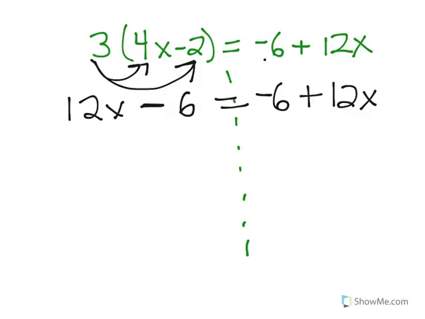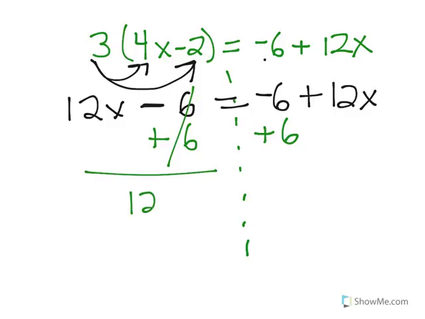Let's undo the subtraction of the 6 by adding 6, and we'll do that to both sides of the equal sign. Minus 6 plus 6 equals 0, so that leaves us with a 12x on the left-hand side of the fence.